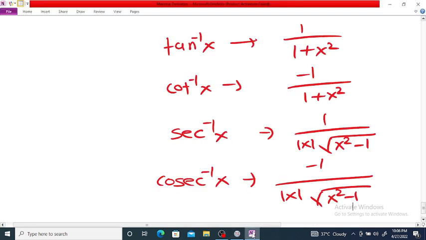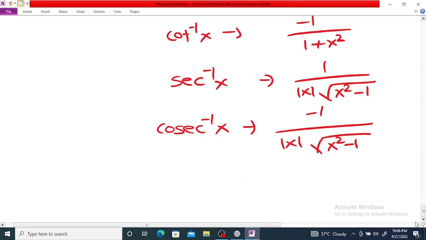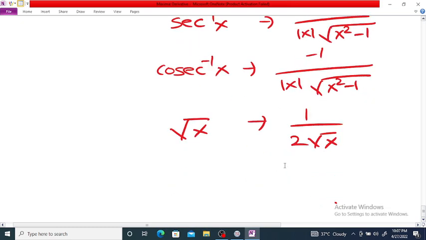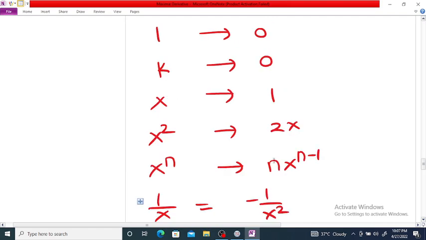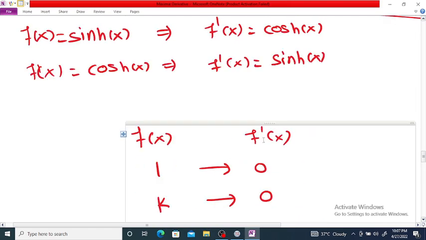So if f of x is equal to square root of x, then its derivative is equal to 1 upon 2 root x. Okay, and so on. So this is the list of the functions and their derivatives.